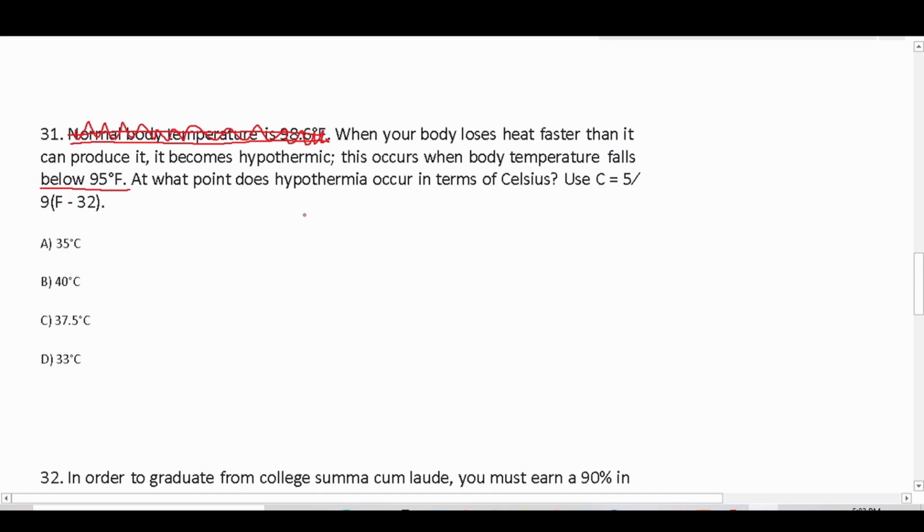Again, we're given the formula Celsius equals 5/9 times F minus 32. F refers to Fahrenheit, and we know that's already 95 degrees. So let's go ahead and work this out. This is 5/9 times 95 minus 32.